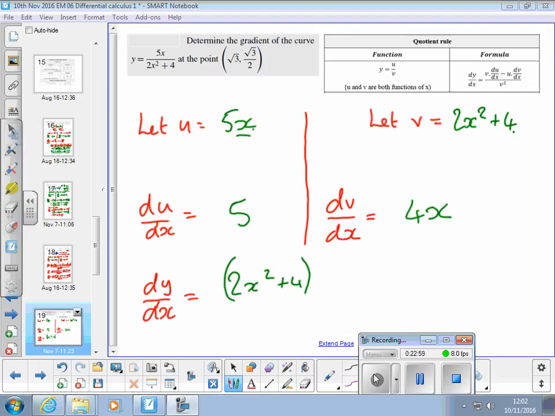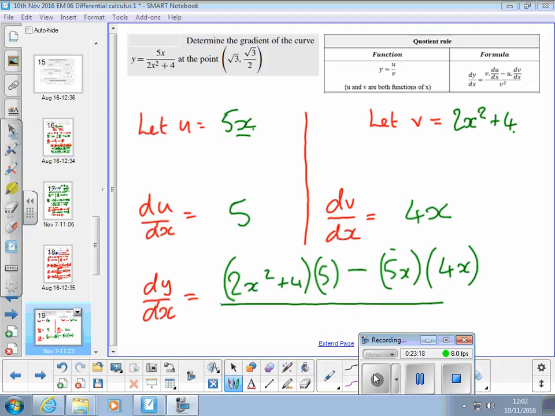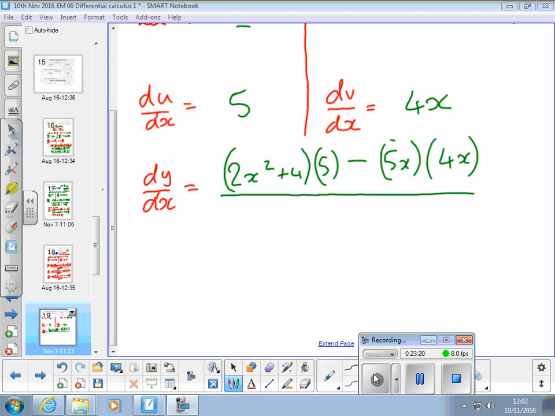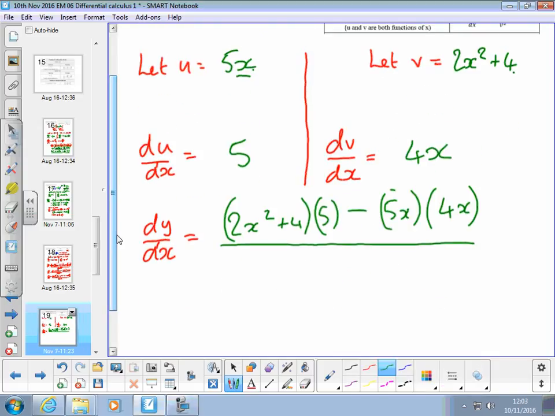We're going to multiply that by du by dx, which is 5. Take away u, 5x, multiplied by dv by dx, 4x. All of that divided by v squared, so 2x squared plus 4, all squared.